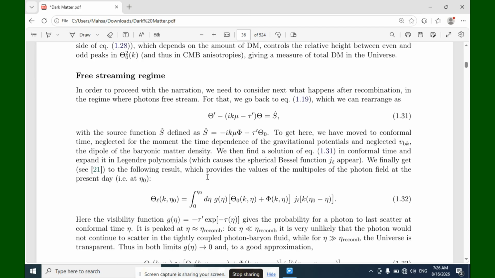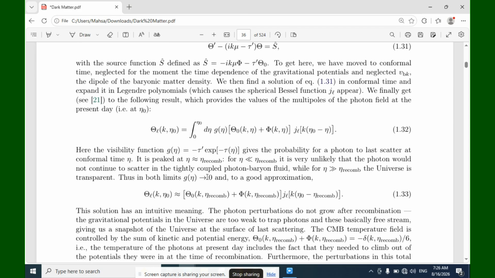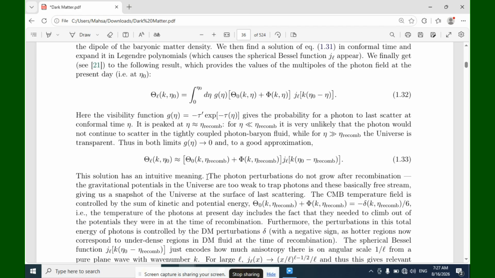We finally get the following result, which provides the values of the multipoles of the photon field at the present day, for example at eta_0. Theta_l of k and eta_0 is equal to the integral from 0 to eta_0 d eta g(eta) times theta_0(k, eta) plus phi(k, eta) multiplied by j_l of k times (eta_0 minus eta).